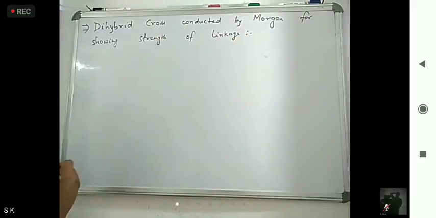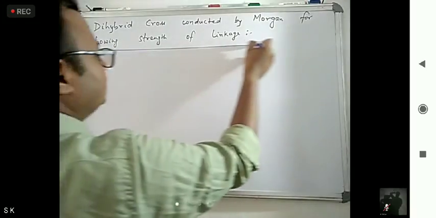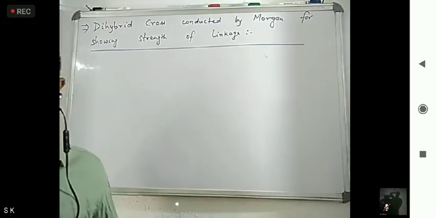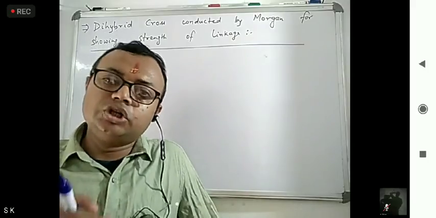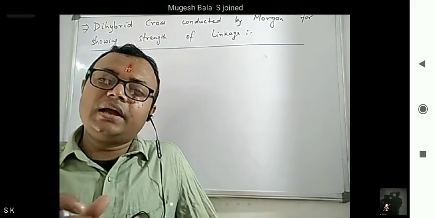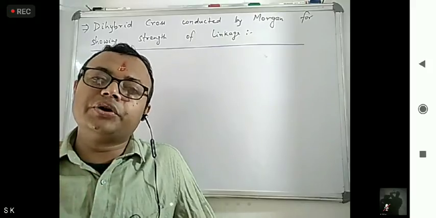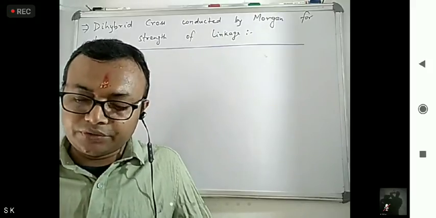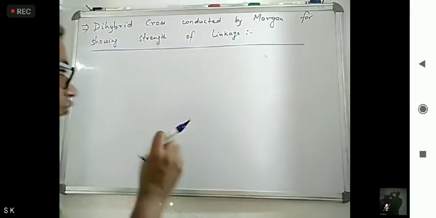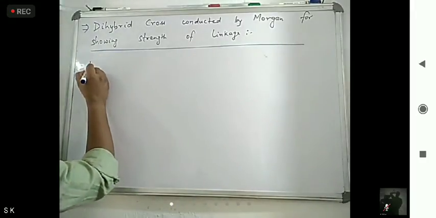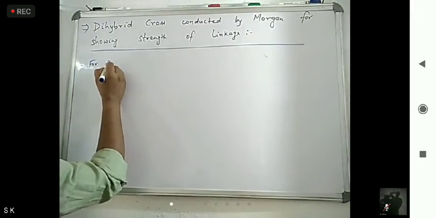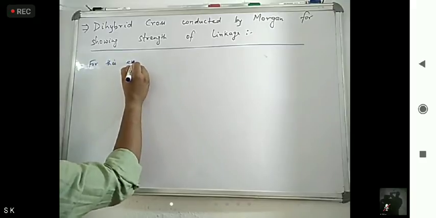Okay, now here Morgan chose two types of crosses, and for these crosses he chose Drosophila melanogaster. That fruit fly we already discussed.